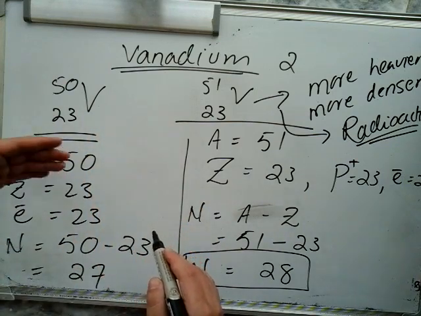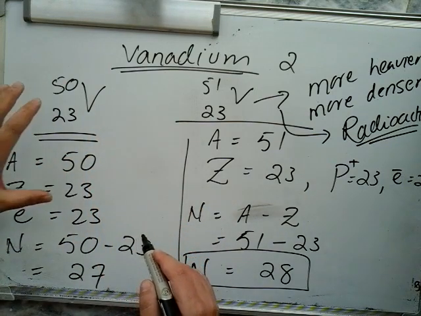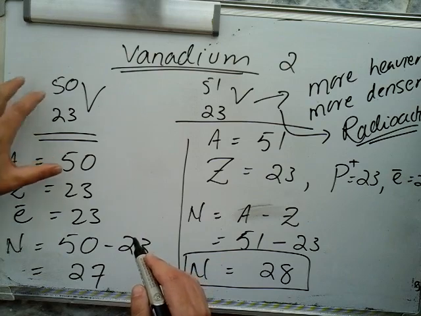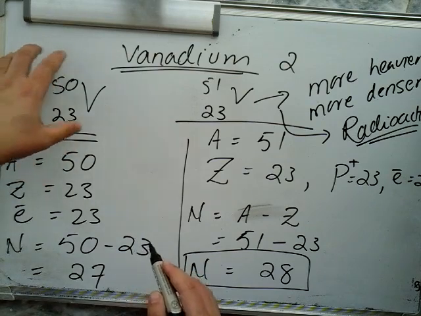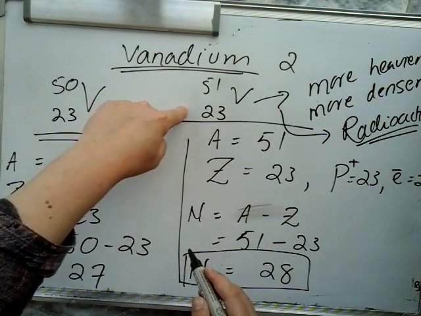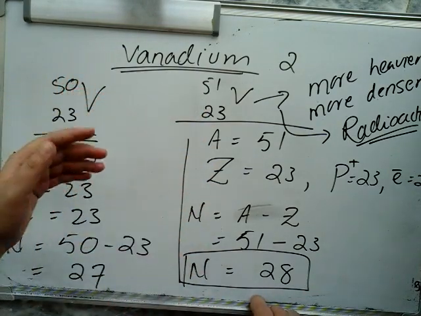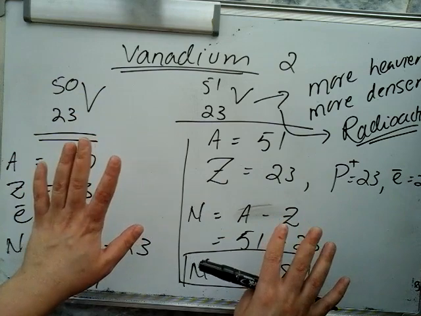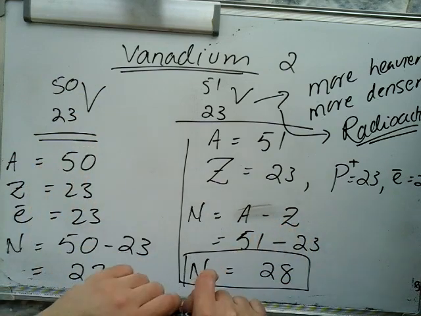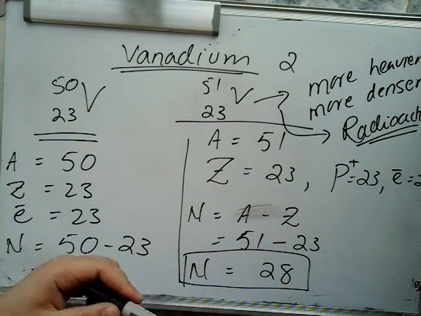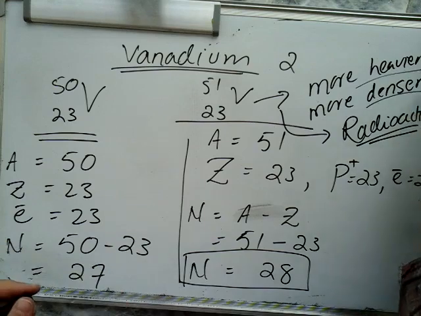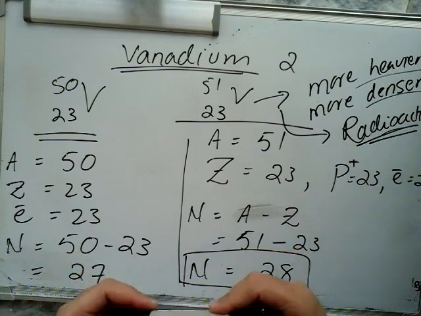Why? Because an extra neutron is not present, so extra particles are not present inside the nucleus. So its nucleus is stable, but the nucleus of this vanadium is unstable because of the extra particle, the extra neutron. So it will emit radiations. Is that clear? So this is the physical property, heaviness and density, and radioactivity.